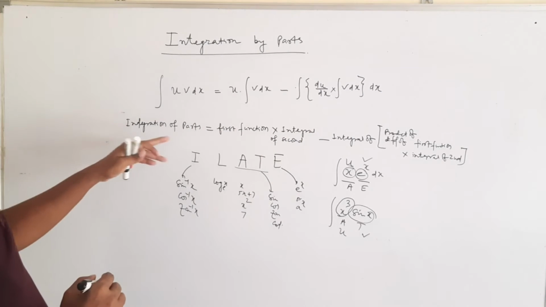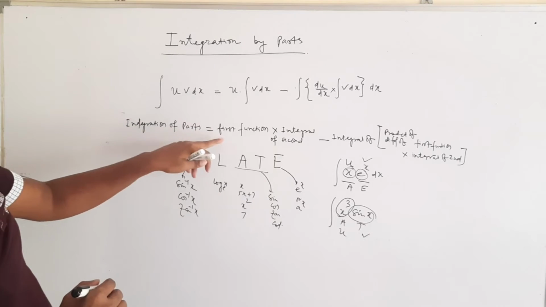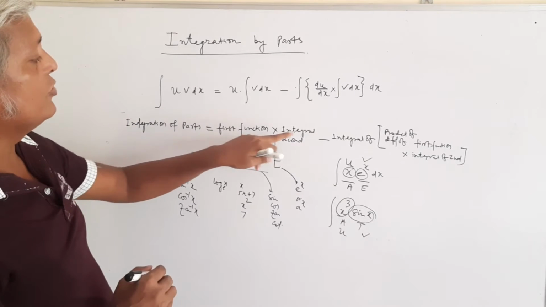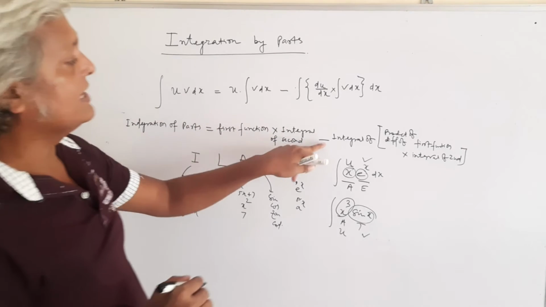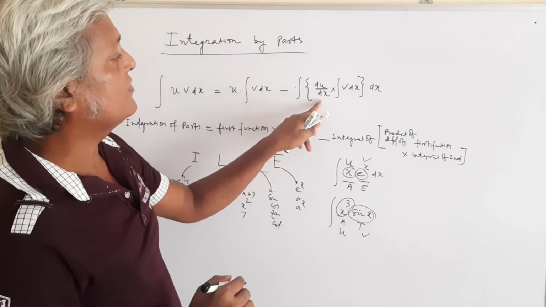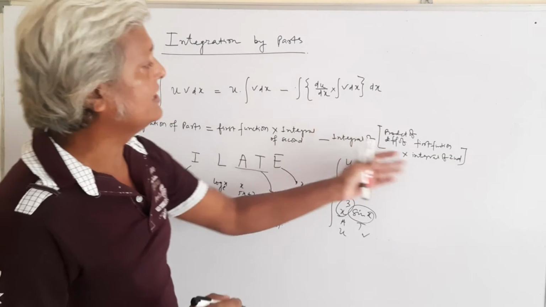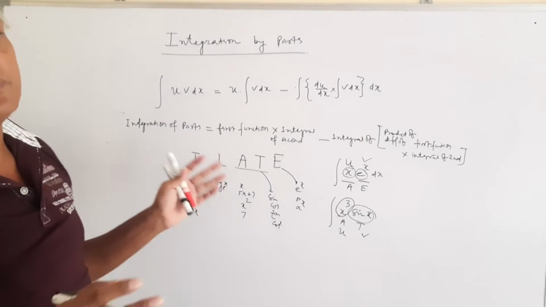In other words, first function unchanged into the integral of the second, minus the integration of the product of the differentiation of the first function into the integral of the second function, and then you again integrate this whole thing with respect to x.